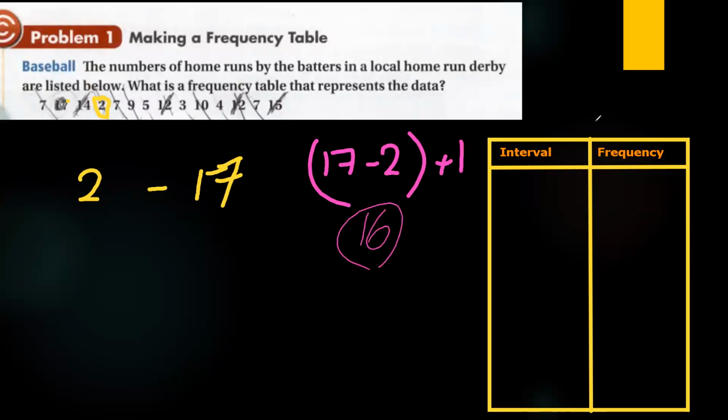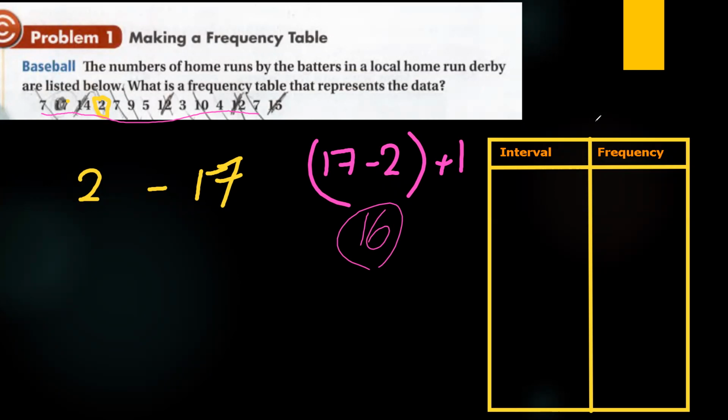So we have 16 numbers. This 16 is not the number of data values. It means after we get the minimum and the maximum value, we have 16 numbers between 2 and 17.